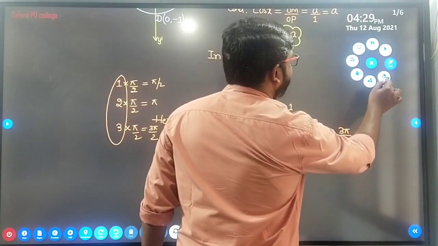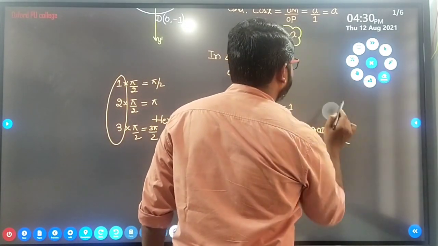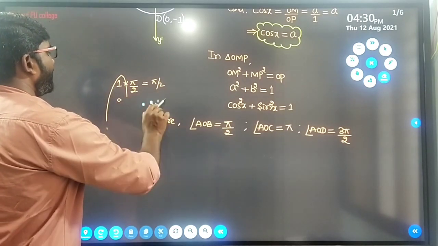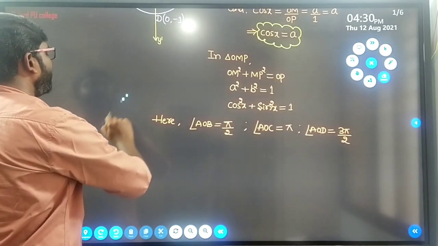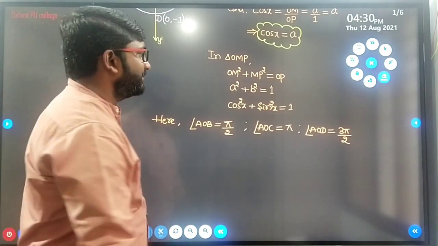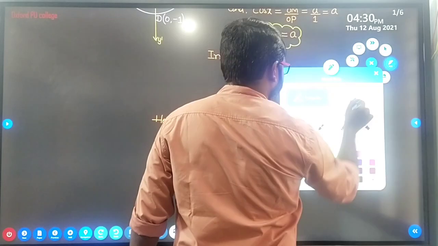So such angles are called quadrantal angles. All the angles which are integral multiples of pi by 2 are called quadrantal angles. So let us write the point here.